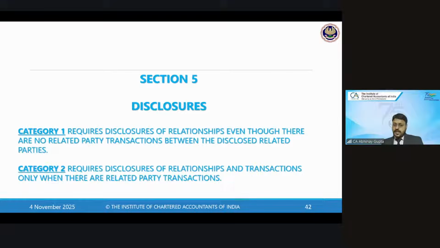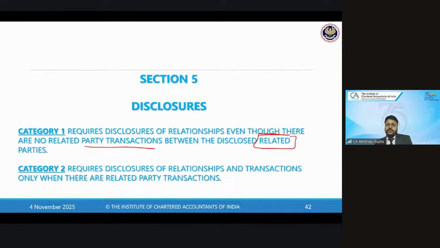Only disclosures. Now, category 1 and category 2 are the two categories into which these disclosures are divided by the standard. Category 1 disclosures are required disclosures of relationships, even though there are no related party transactions; the related party name and relationship need to be disclosed.